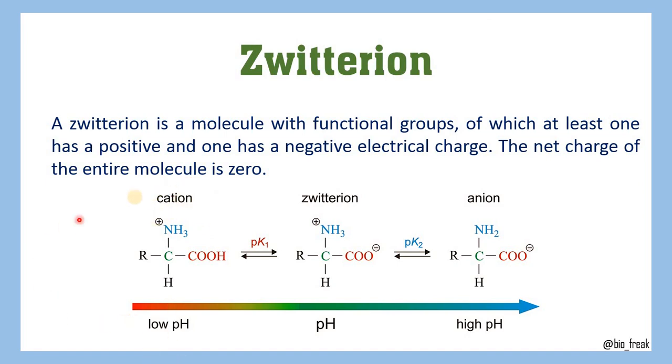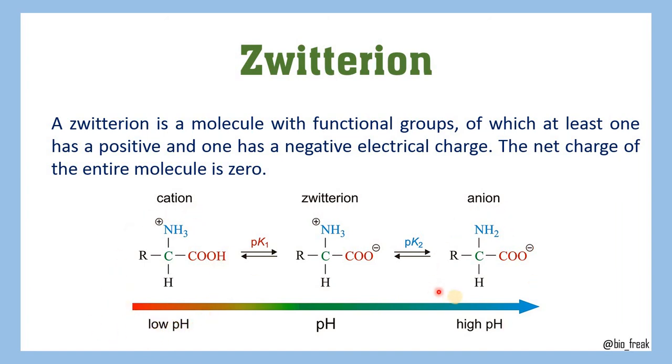Now why am I saying you will find them in a cationic form? Because you know that there is one amino group over here and that is basic in nature, and as I said, any amino group can be easily protonated. It can gain one H plus ion and it can get this net positive charge over here. So this happens at lower pH, wherein the H plus concentration in the medium will be high.